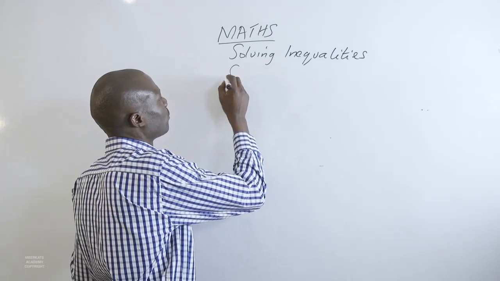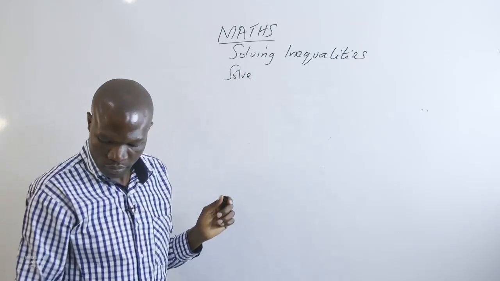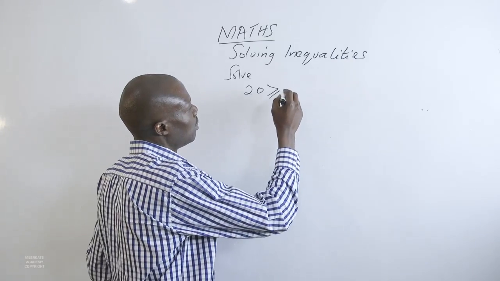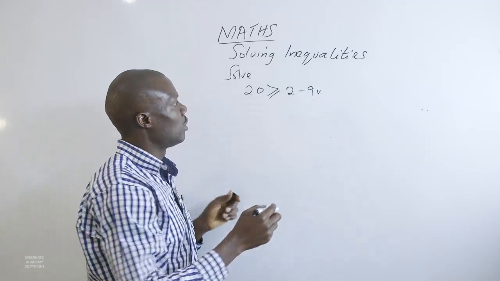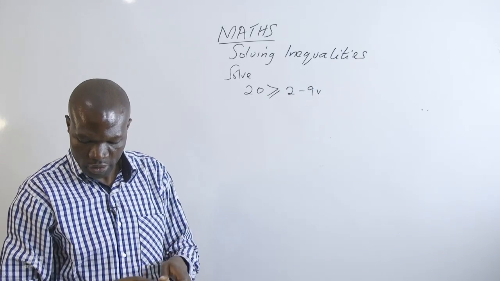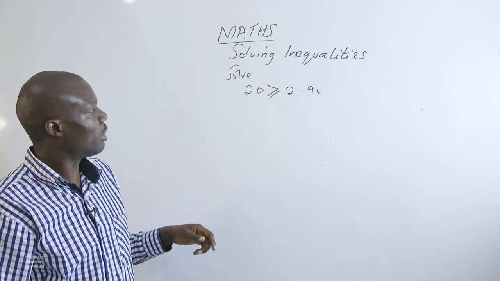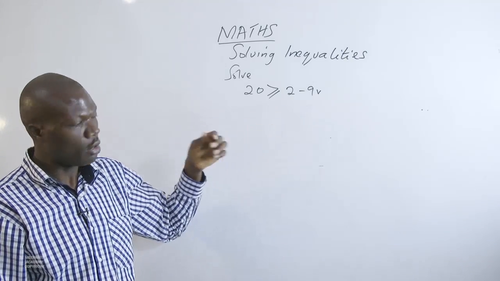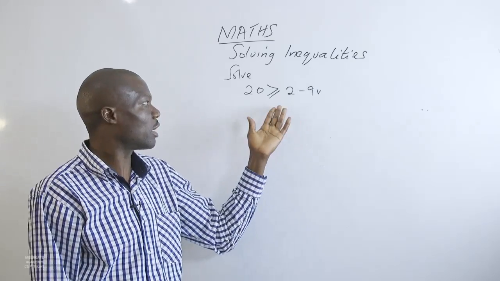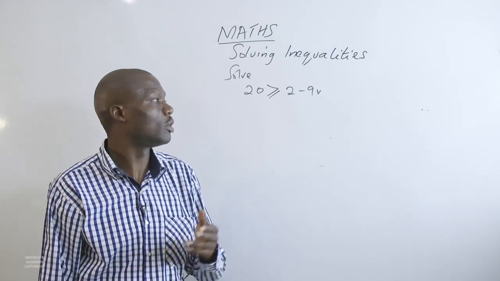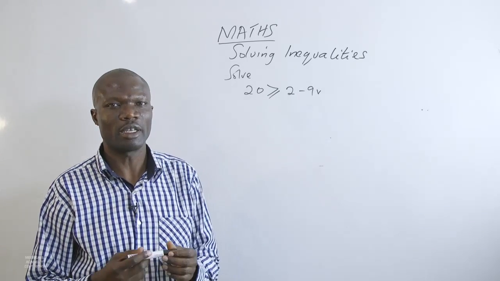Solve 20 is greater than or equal to 2 minus 9v.